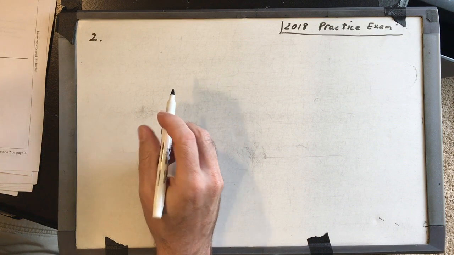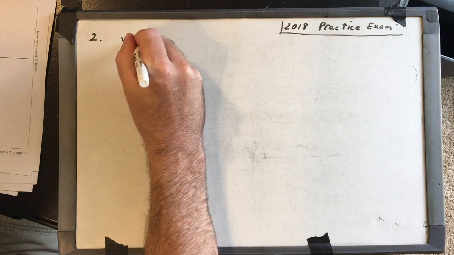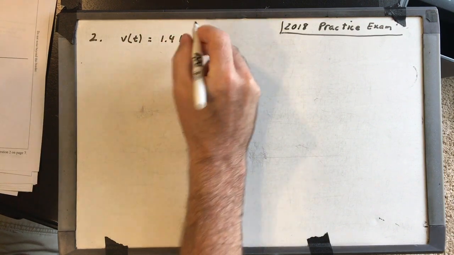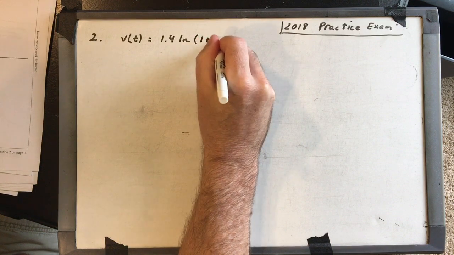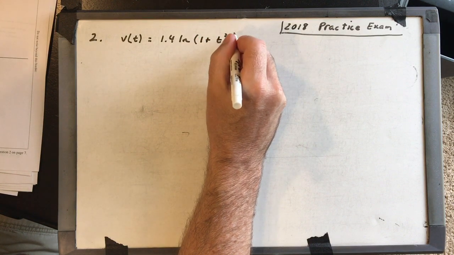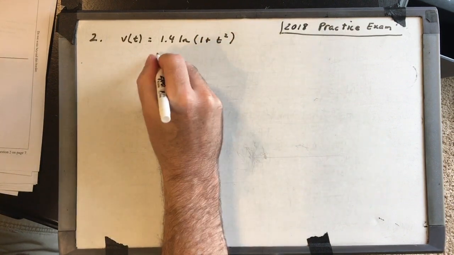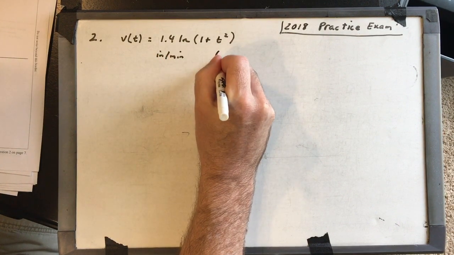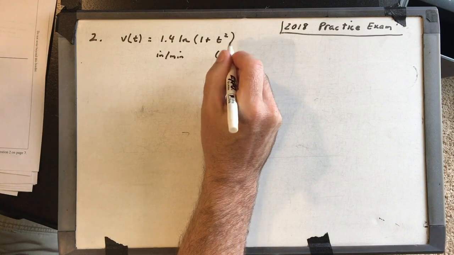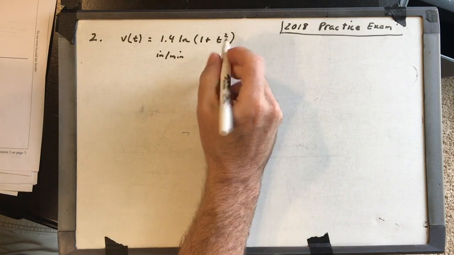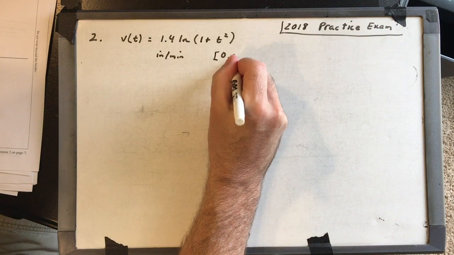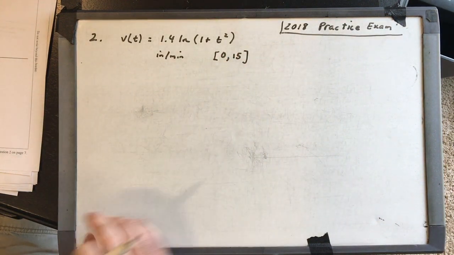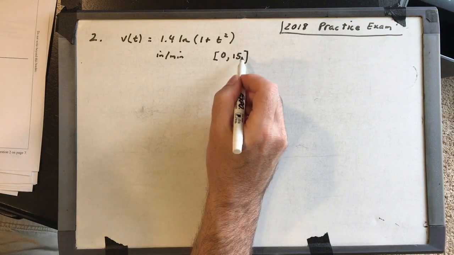The velocity of the snail can be modeled by v of t is equal to 1.4 times the natural log of 1 plus t squared, in inches per minute, for t greater than or equal to 0 and less than or equal to 15. So that's our time, between 0 and 15 minutes.